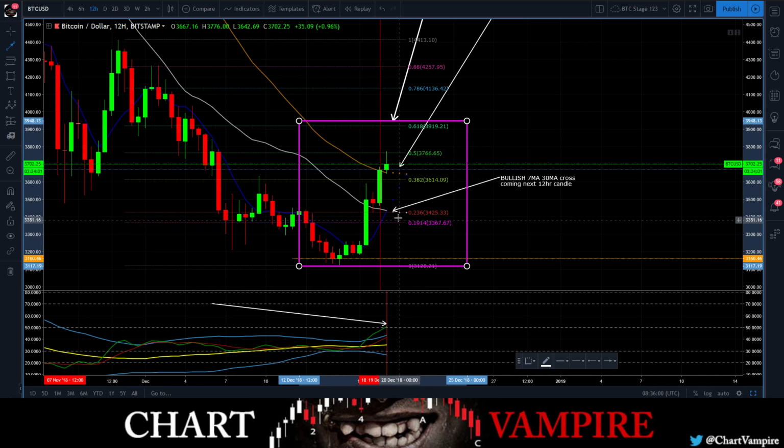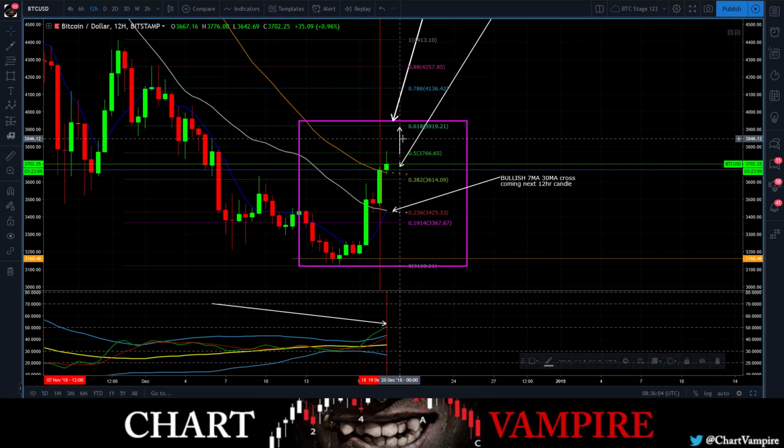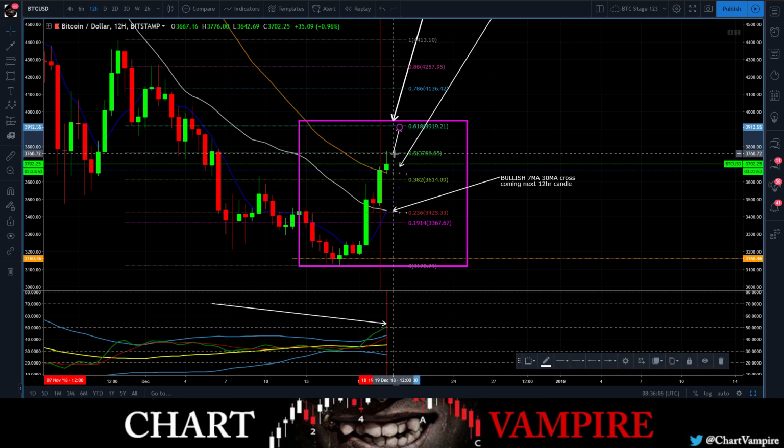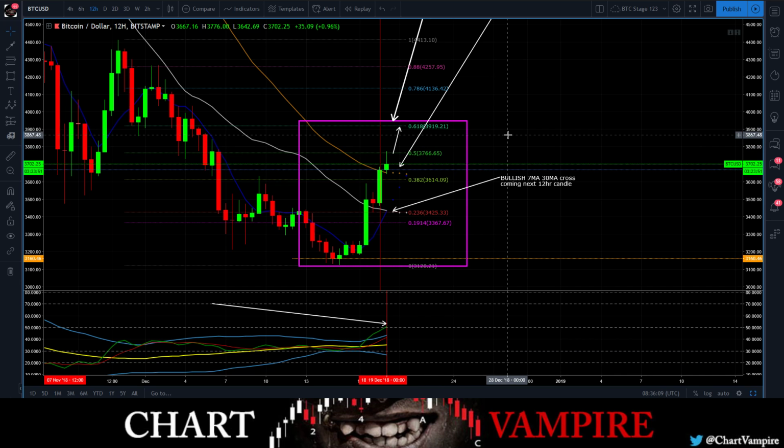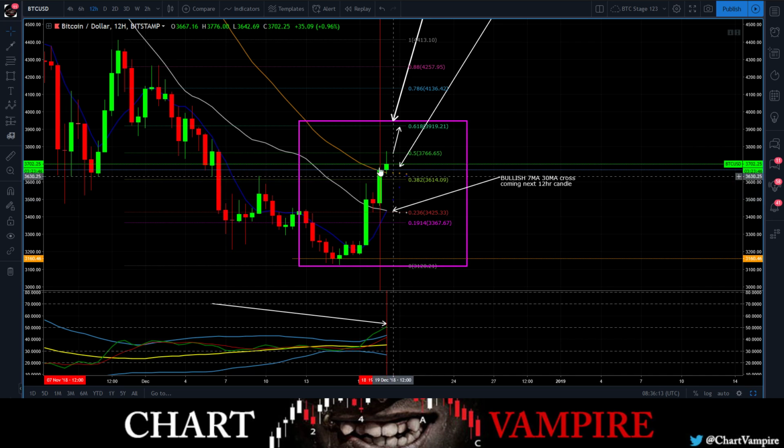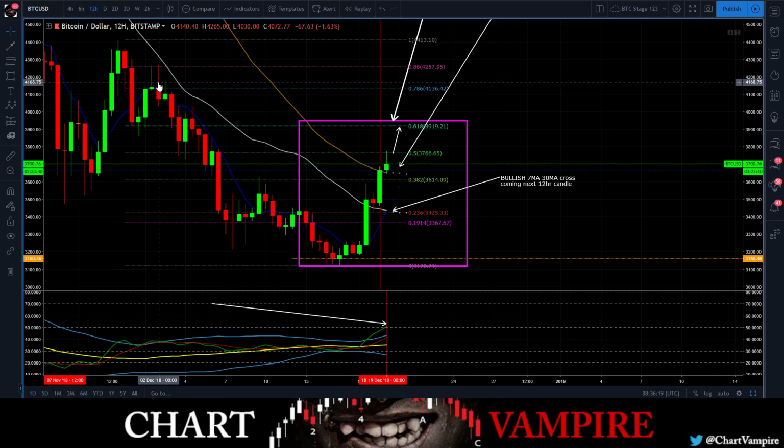If this bullish moving average catches here, you could see the 618. It's bullish. This candle right here is literally the defining edge for this. You got the bullish cross, you got this candle. This baby needs to close out looking like this.